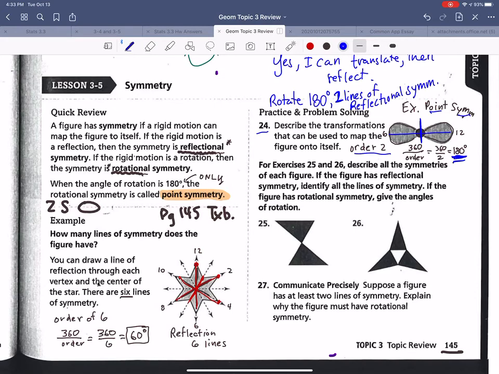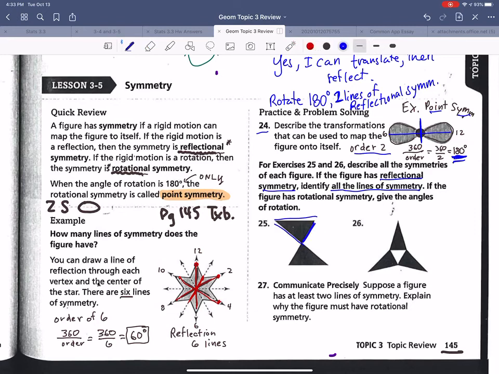Okay, so for question 25 and 26, describe all the symmetries including reflectional, and identify all the lines. So it doesn't look like I can fold this thing. It won't map upon itself. And the reason is because each length is different. This is short and then medium and long.